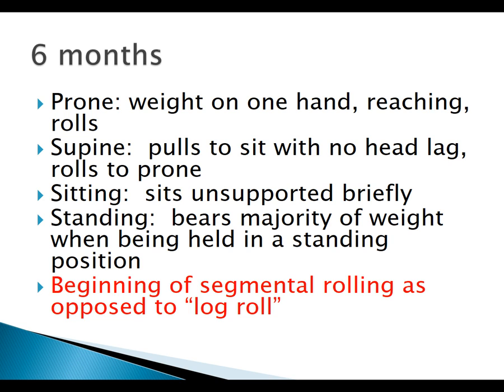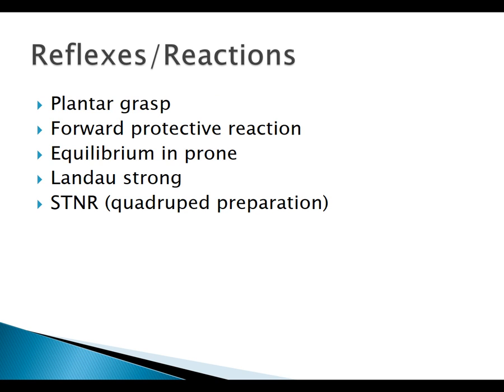So a log roll is when they're more stiff in their rolling, and now they should be able to bring one leg over and roll if they're rolling from supine to prone. It should be less rigid now. That video will explain a lot of that too, for you to be able to see that.